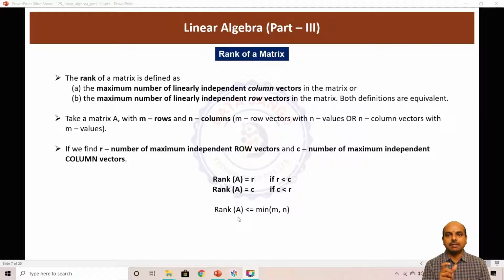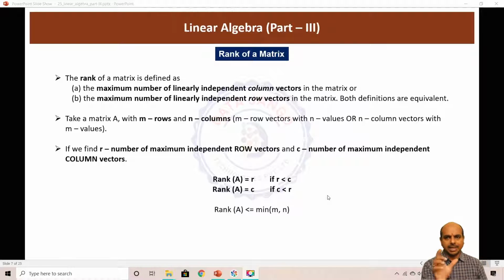If you take a 5 by 3 matrix, 5 rows and 3 columns, the rank of that matrix is always going to be less than or equal to 3, because when you find the linearly independent vectors on the column side, it is going to be less than or equal to 3, and it is already less than the row vectors, right? So the rank of A is always going to be less than or equal to minimum of m comma n, the number of rows and the number of columns in the data set.